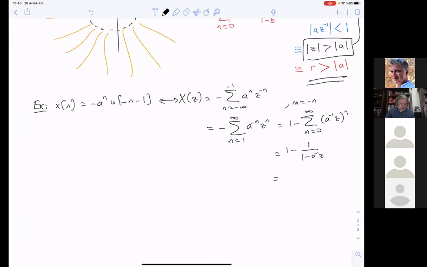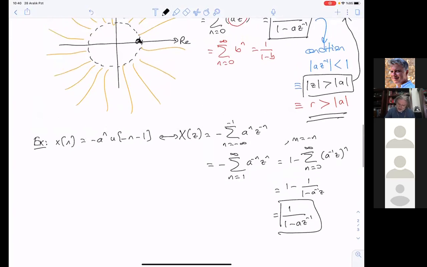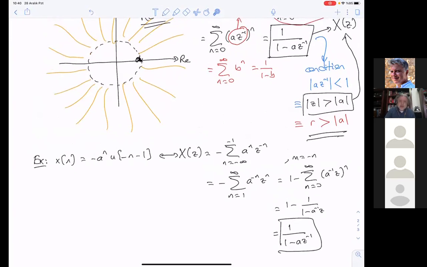And that is equal to 1 over 1 minus a z inverse. If you do the mathematics, you will see that, which is exactly the same as this. So the Z transform of this signal is also equal to the same thing.